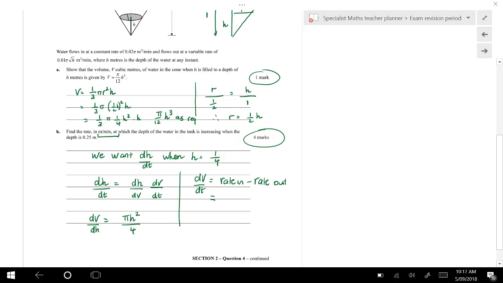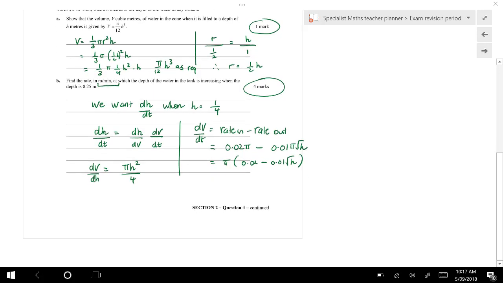Now, our rate in is 0.02 pi. And our rate out, so we're subtracting, 0.01 pi root h. I would be putting pi at the front: pi times 0.02 minus 0.01 root h.